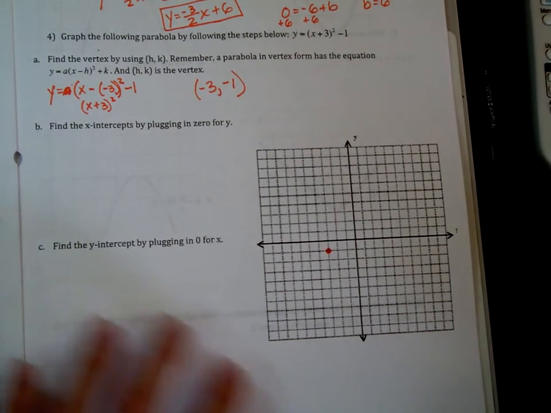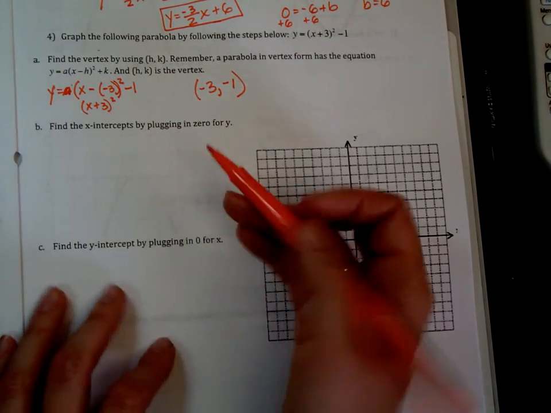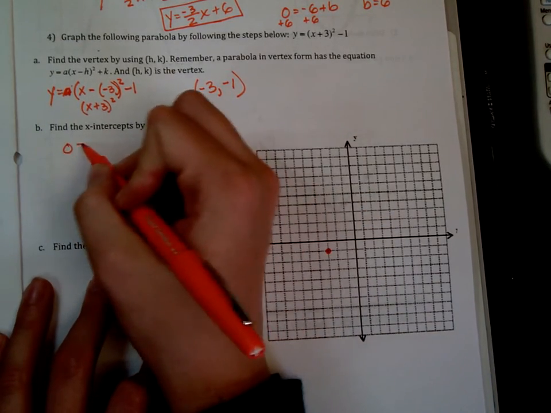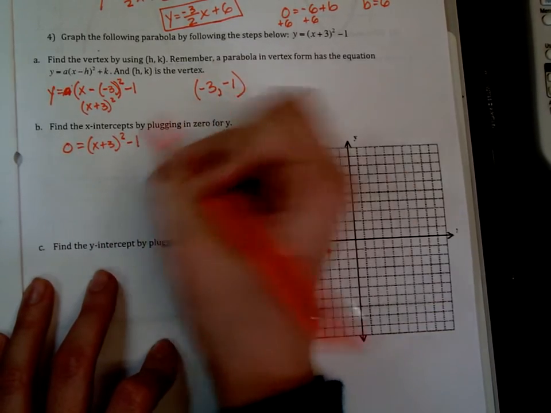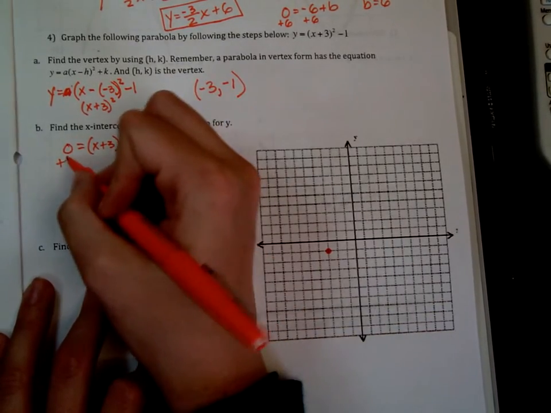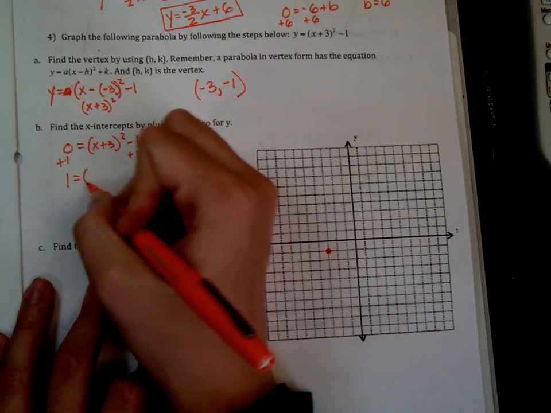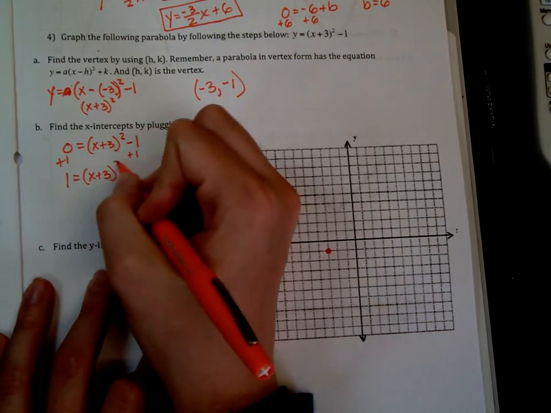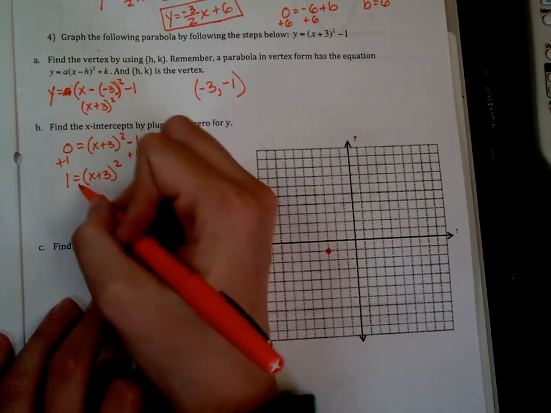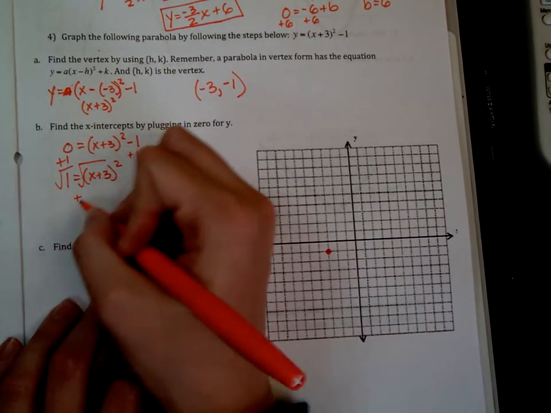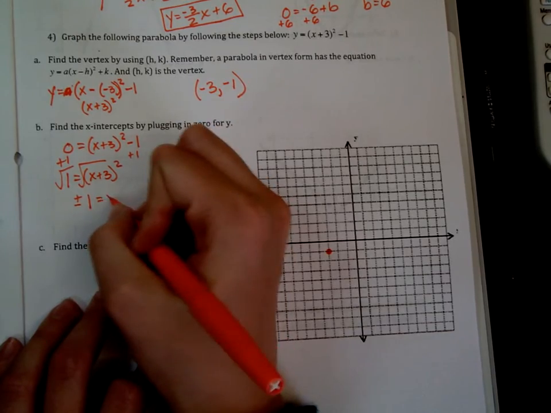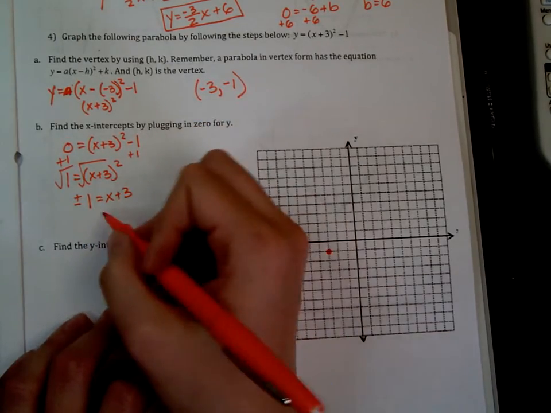We want to find the x-intercepts by plugging in 0 for y. So 0 equals x plus 3 squared minus 1. Add 1 to both sides. 1 equals x plus 3 squared. Now we need to take the square root of both sides. The square root of 1 is positive or negative 1. So we can split this into two equations.